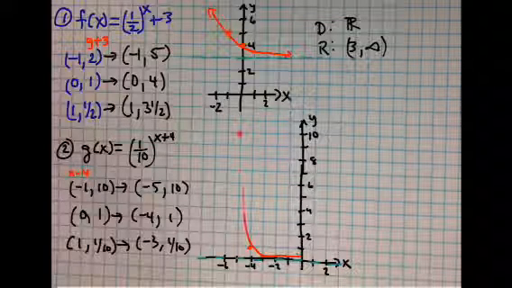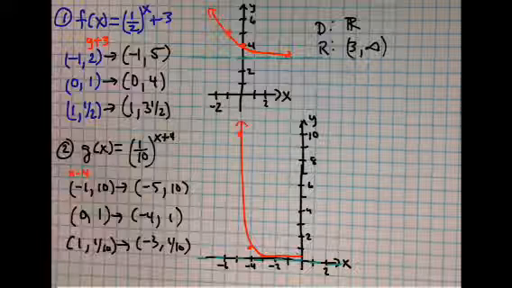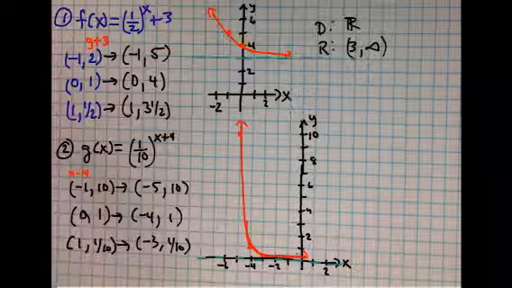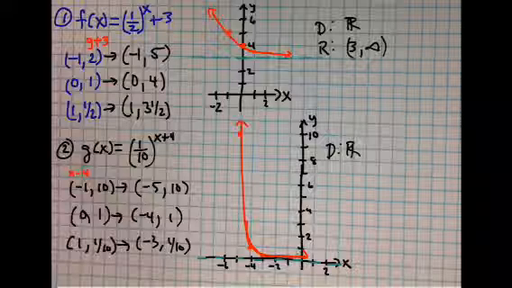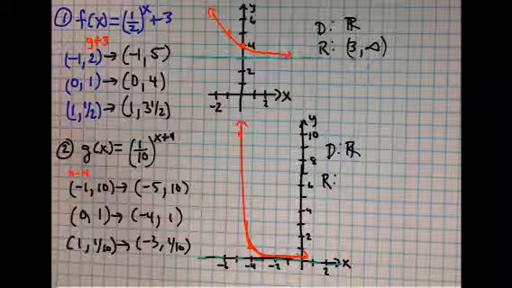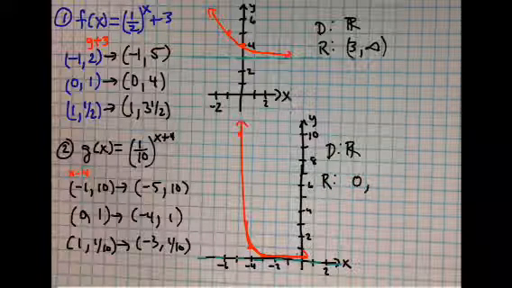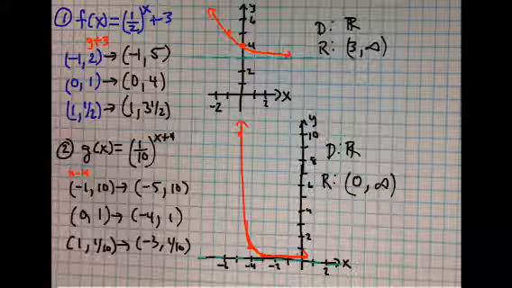And so it goes like this. Almost like an L. So steep. Okay, so the domain, all reals, and the range is all y's greater than 0. Alright, so in this problem, h is positive 1.